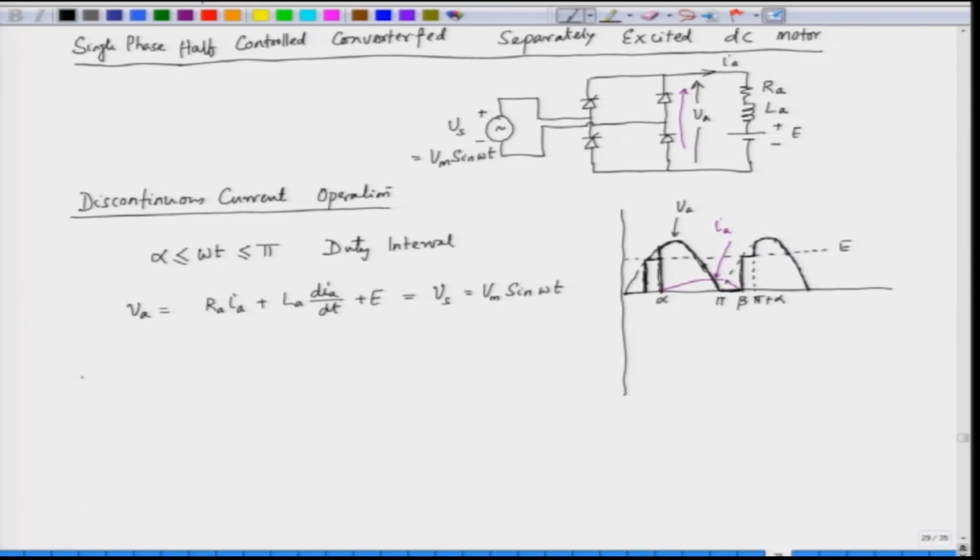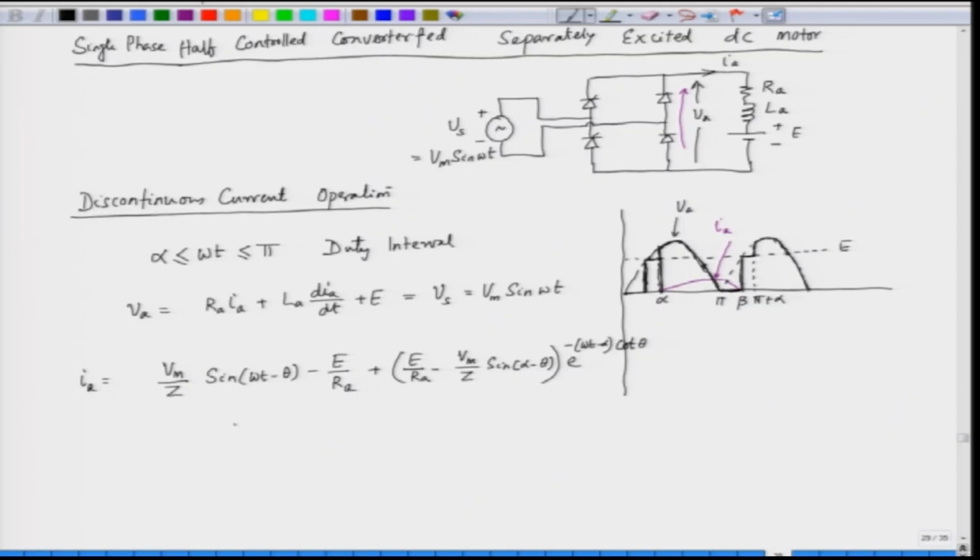We can write down the equation: I A is equal to V m by Z into sine of omega t minus theta, minus, as before, we can write E by R A, plus E by R A minus V m by Z sin alpha minus theta into exponential of minus omega t minus alpha into cot theta.